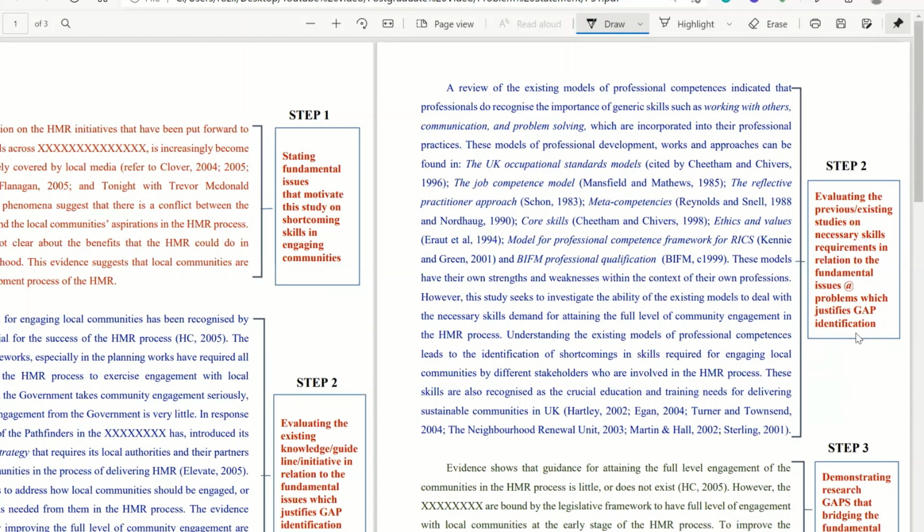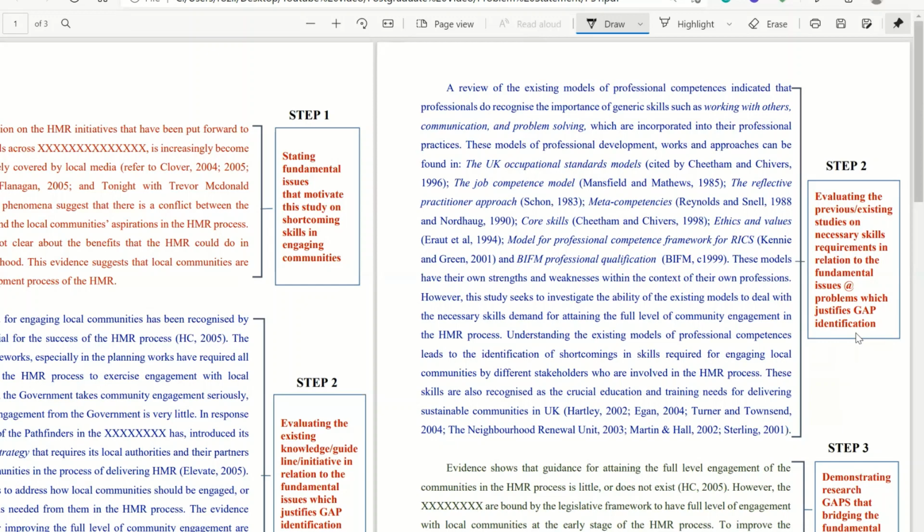But what happened? Why does the local community still object to the proposed initiative or program by the government to develop their neighborhood? There must be a mismatch between the expectation of the local community and what the government tries to impose on that local community.